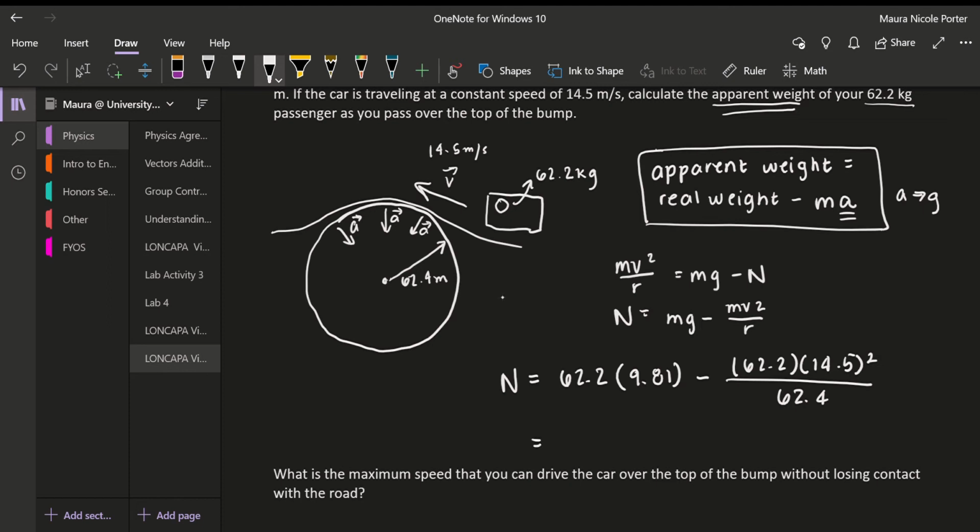This first part of the equation, 62.2 times 9.81, is going to give us 610.182. The second part of the equation will give us 209.576. And so altogether, that's going to equal 400.6 newtons as our apparent weight for the problem.